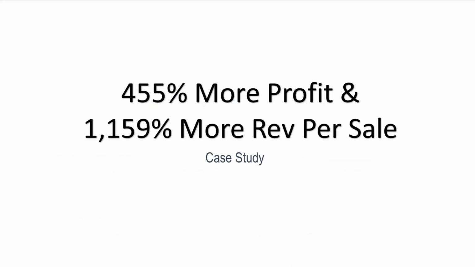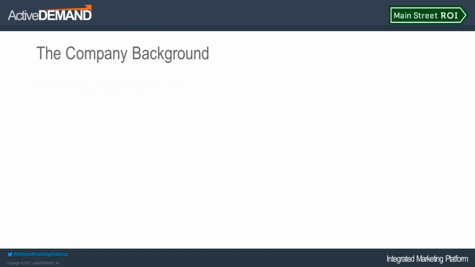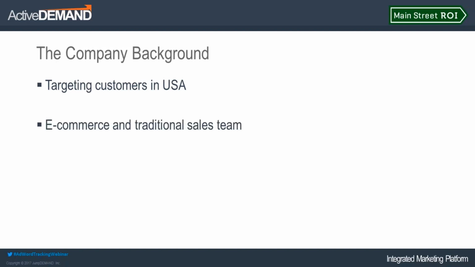So let's dive into the case study where we were able to generate 455% more profit and 1,159% more revenue per sale. Here's some company background. This is a company that was targeting customers in all of the US. So it's a national company.